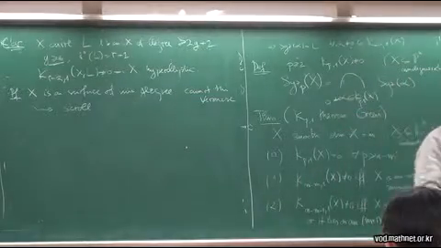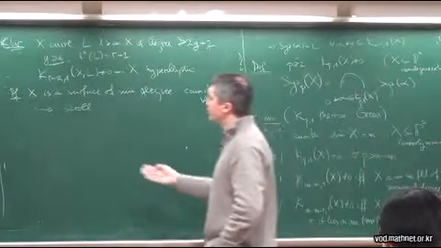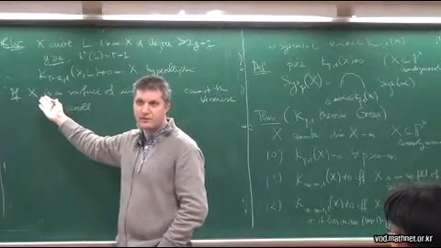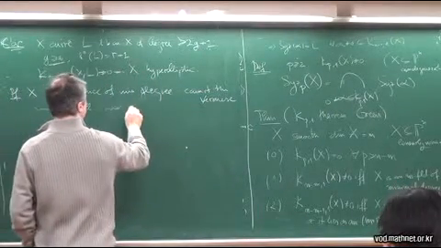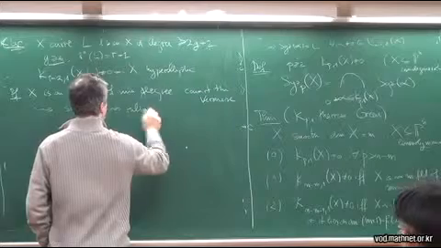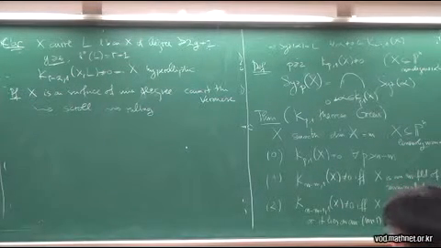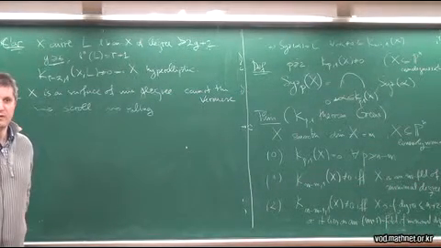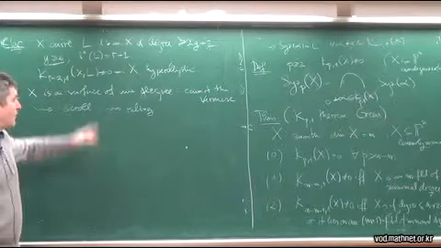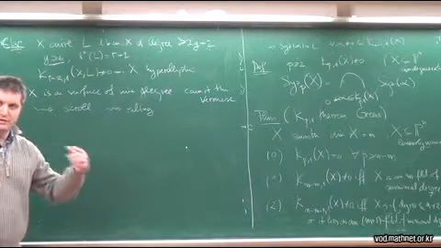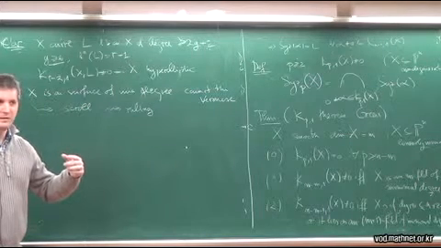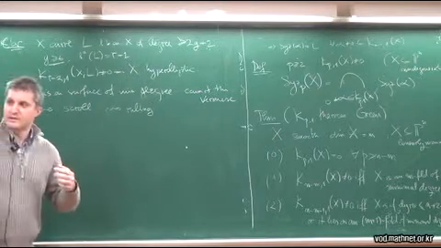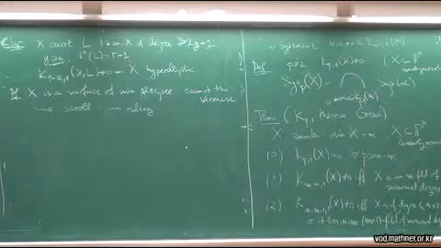So we have a ruling, and the fibers of this ruling will intersect X in a certain number of points.